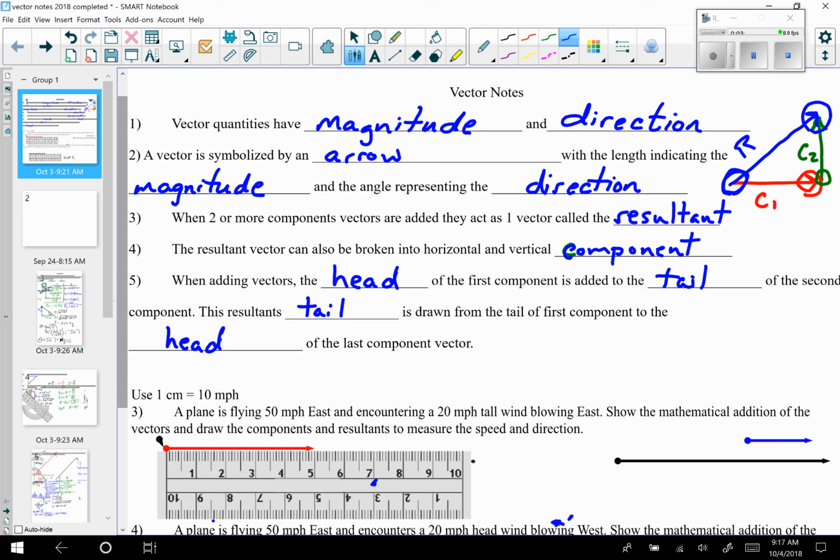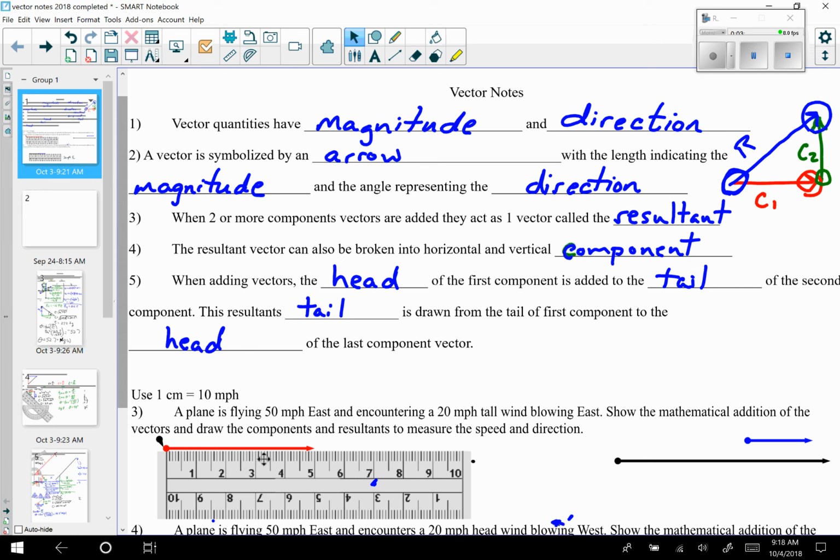So let me show you how easy these things are as far as adding. We're going to assume that 1 centimeter on this particular legend down here is equal to 10 miles per hour. And I have a plane flying 50 miles per hour east. If you notice, I put this red arrow, or this red vector, going from 0 to 5. So that's going to represent a 50-mile-an-hour plane going east.